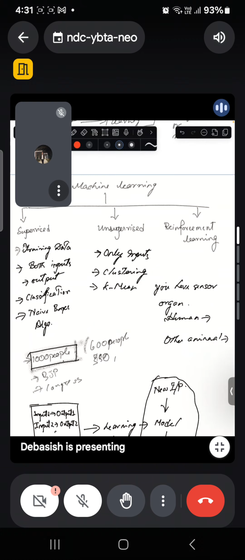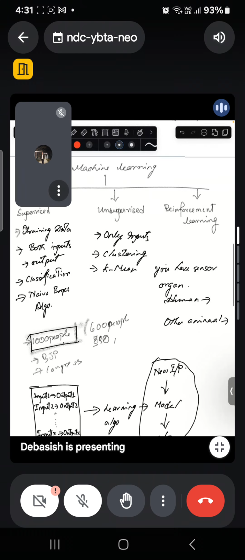The sensory organ you will use to get input data is the eye. In this case, the eye will be our sensory organ.